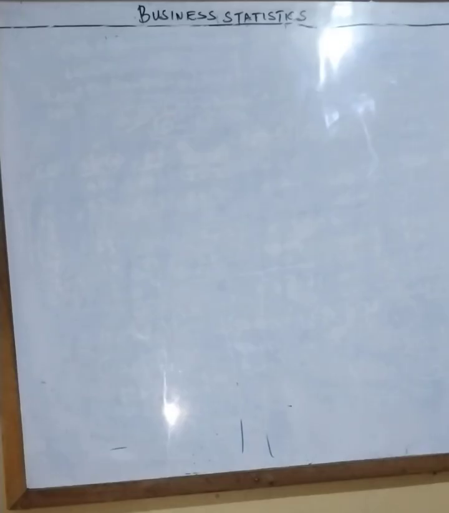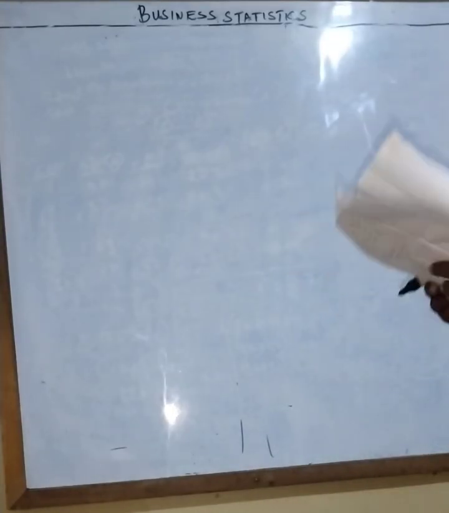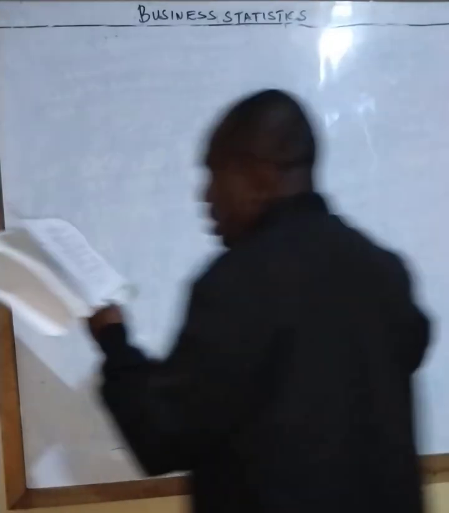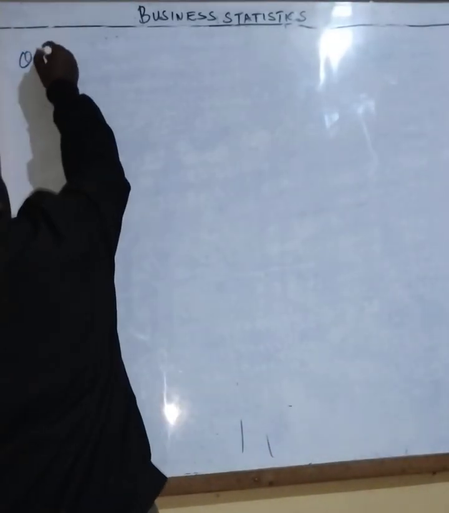A random sample of the amount of time this courier takes to deliver packages to addresses across town produces the following times, rounded to the nearest hour. So we have those ones. Is there sufficient evidence to support the courier's advertisement at the 5% level? So this one is still under hypothesis. Question 4A.